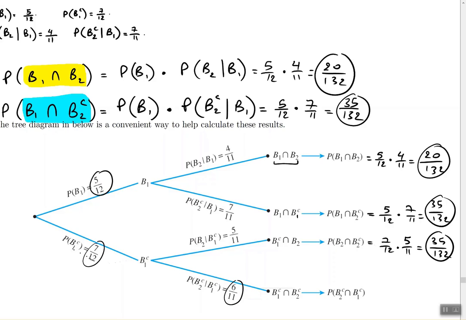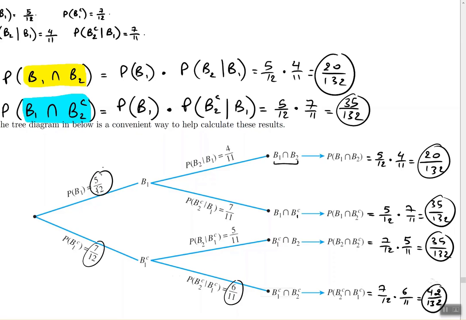So what happened here is we chose a gray ball on the first try, and we also chose a gray ball on the second pull. And the probability there is 7 over 12 multiplied by 6 over 11. So again, this is going to be 42 divided by 132.